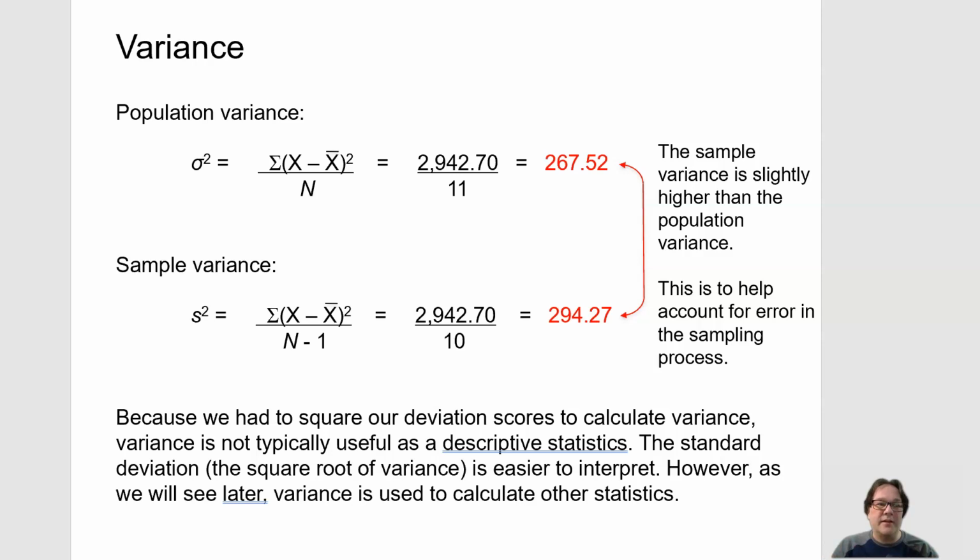It's annoying. It's not really helpful to us. But you're going to see later on in the semester that variance is actually very important because it's used to calculate various other statistics. So particularly ANOVA. So as the name suggests, in ANOVA, it's an analysis of variance.